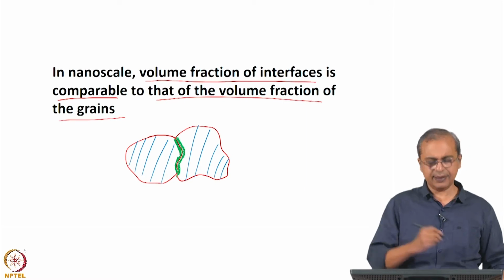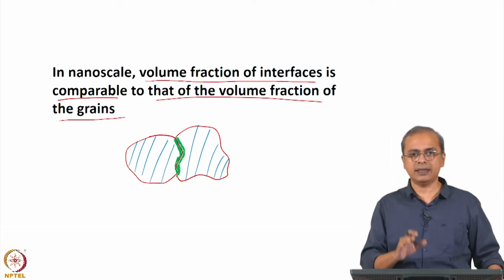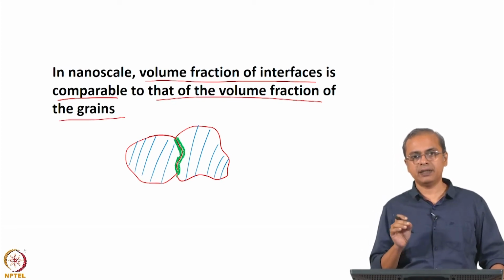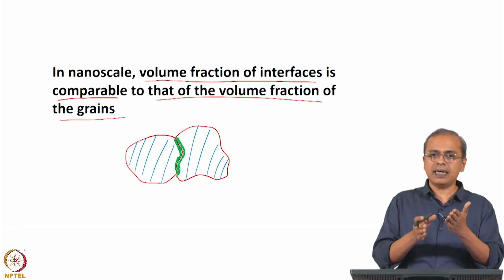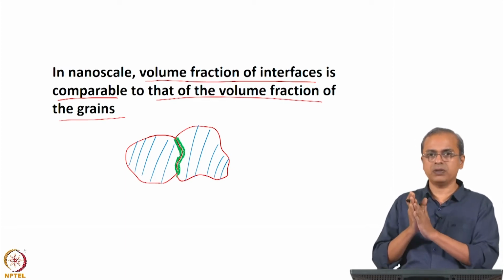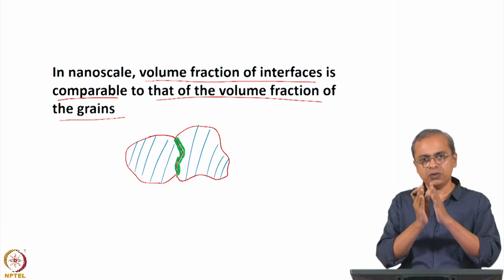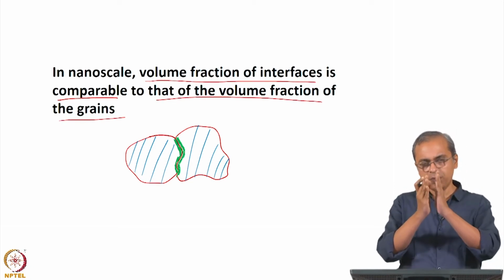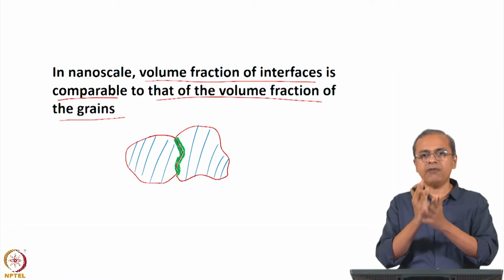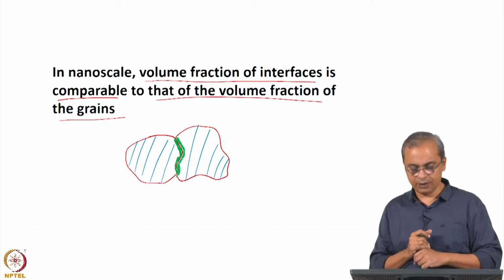So, it is not a zero thickness; there is some finite thickness associated with that interface over which its influence is significant. Therefore, even though the interface should ideally be thought of as a two dimensional structure, we can assume a certain volume with respect to the interface, which is the volume over which its effect is felt.